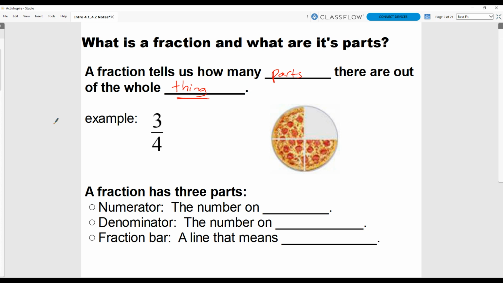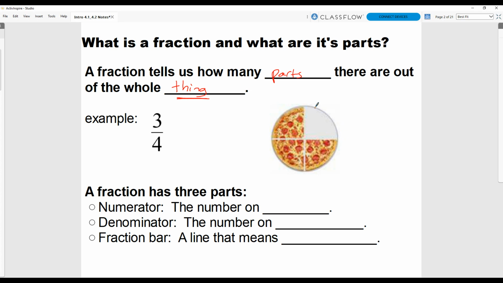Here's our first example. We have a fraction, 3/4, and a picture of what 3/4 represents. We have this delicious pizza, and it looks like there's a slice missing. The 3 up here tells us how many parts there are. We have 3 slices of this pizza left.